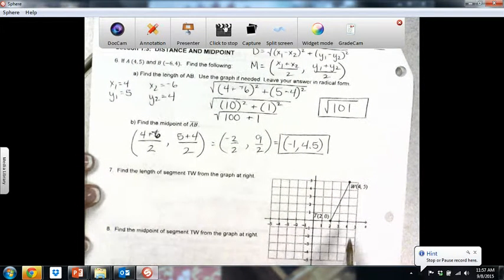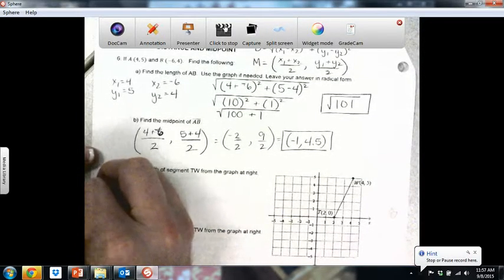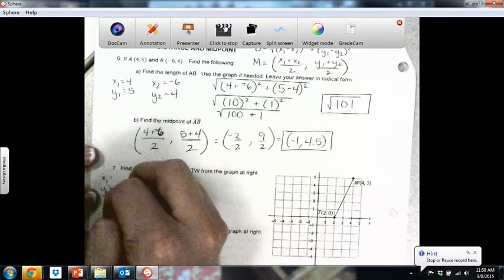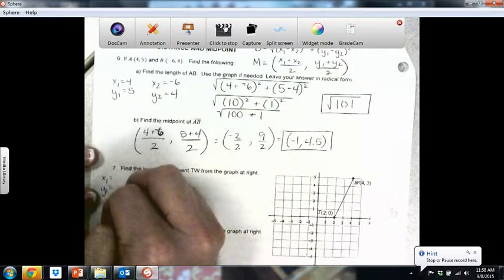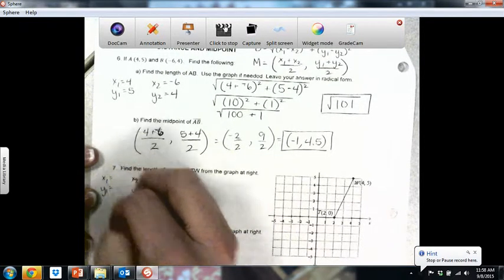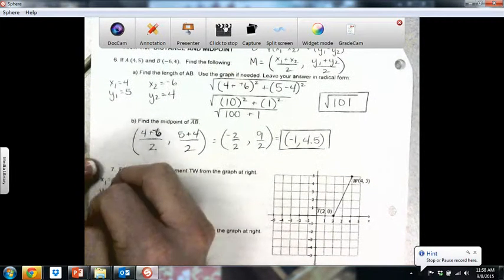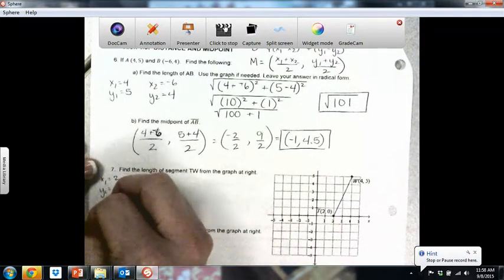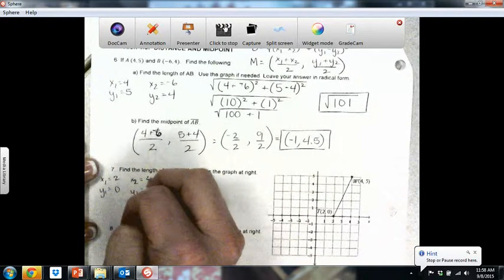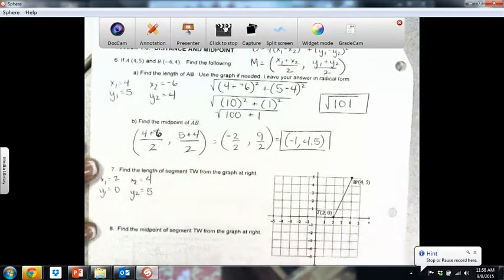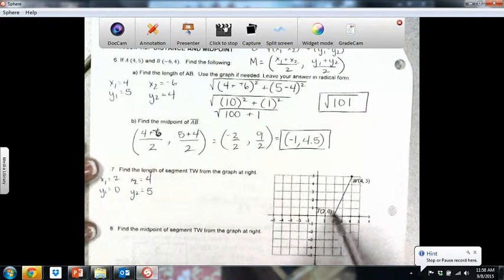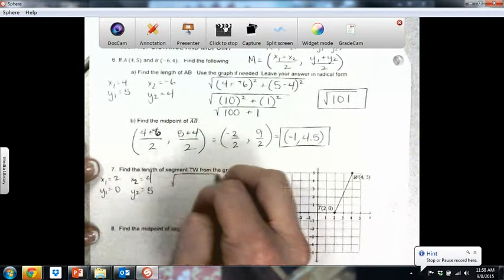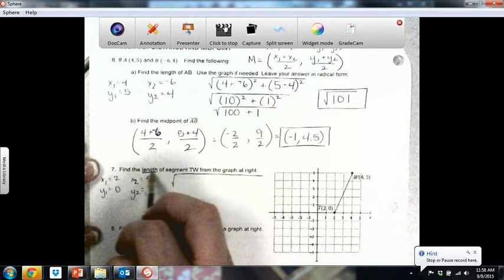For 7, I've got to do my x1, y1, x2, y2. x1 is 2, y1 is 0, x2 is 4, and y2 is 5. So I've got my x coordinates and my y coordinates. And so I'm going to put that into the distance formula. That's the length.